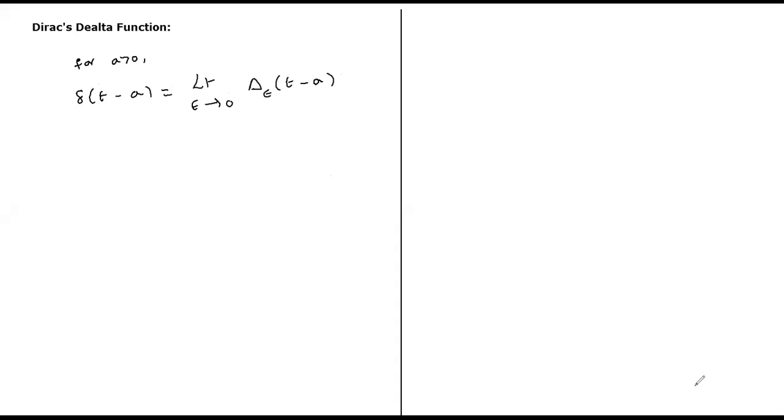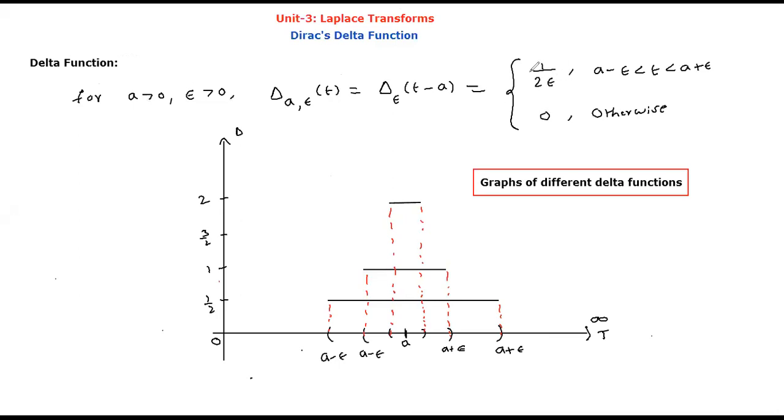But as epsilon tends to 0, what will this be? As epsilon tends to 0, this is going to be infinity. This interval will keep on shrinking, and that is going to be the point a only. So as epsilon tends to 0, the interval becomes a point, and this rectangle becomes a line.